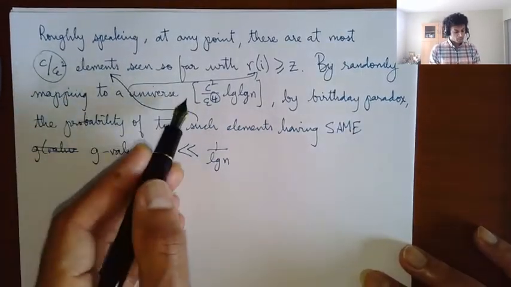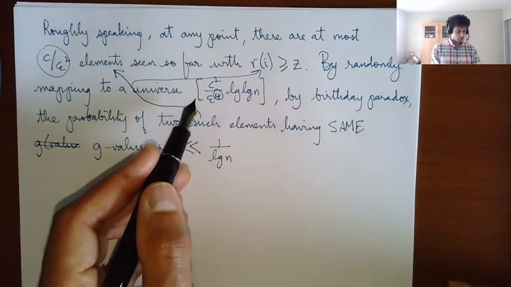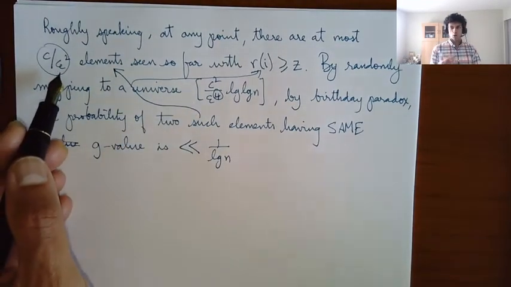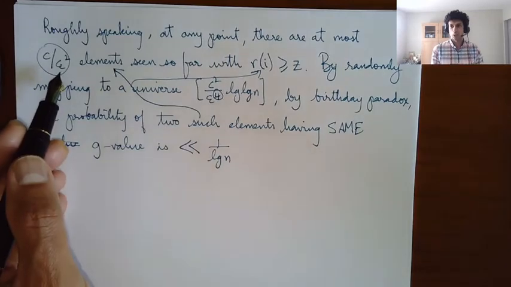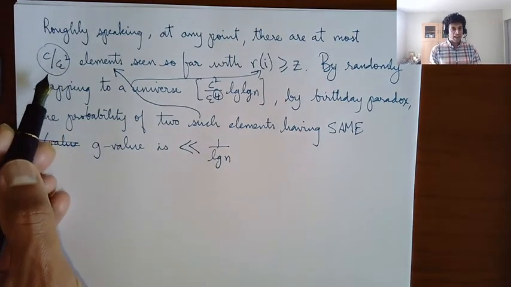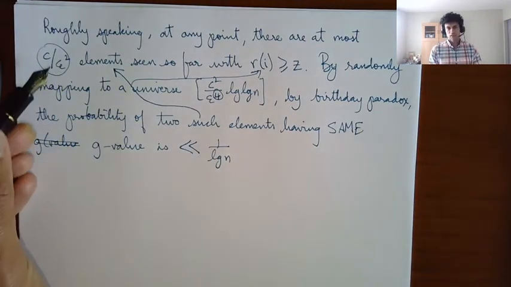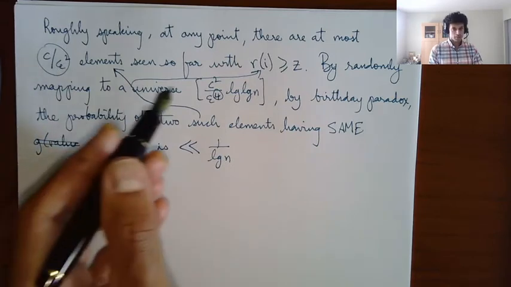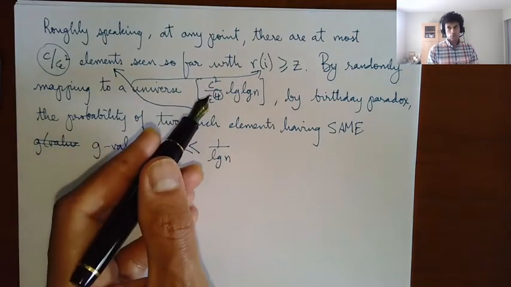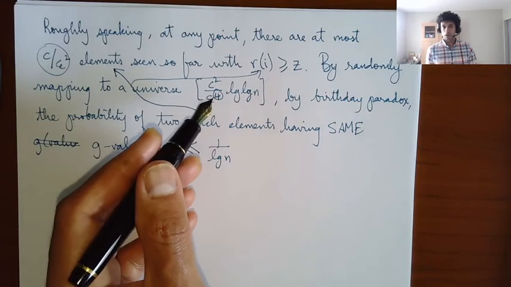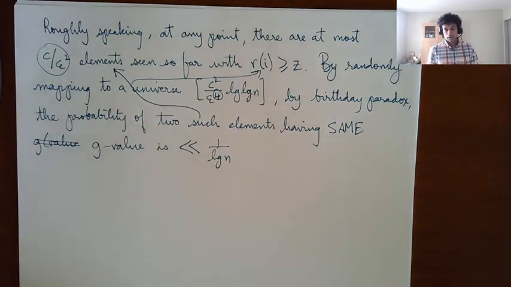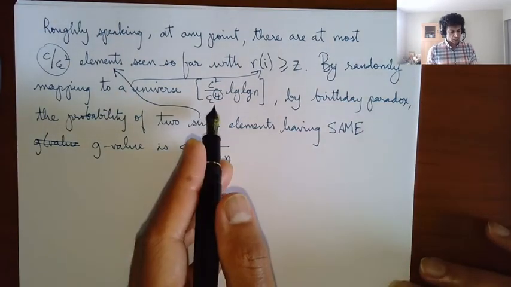You're mapping it to a universe whose size is essentially like n squared. So you're taking k elements, mapping them to a universe which is k squared times log n. And you're saying, what is the probability that two elements will map to the same hash value?